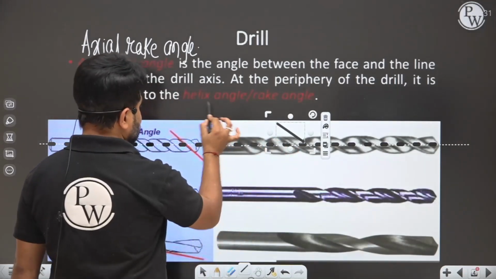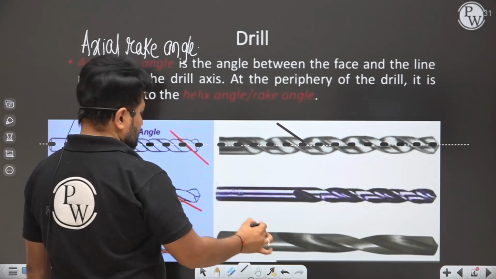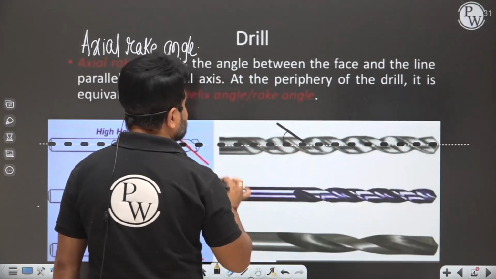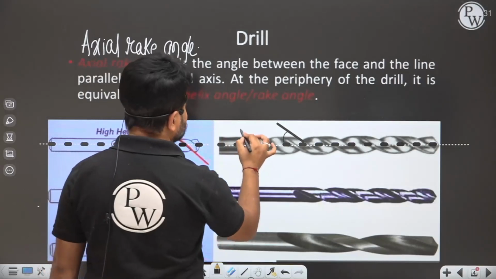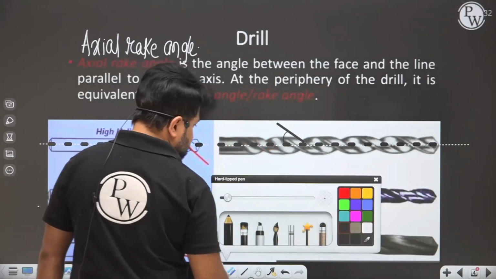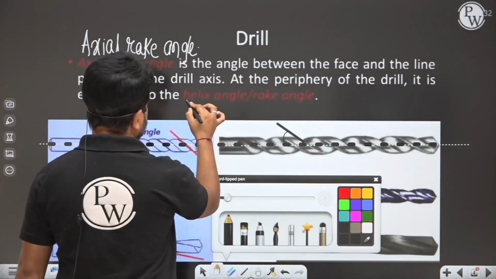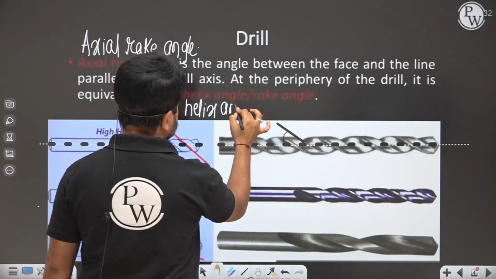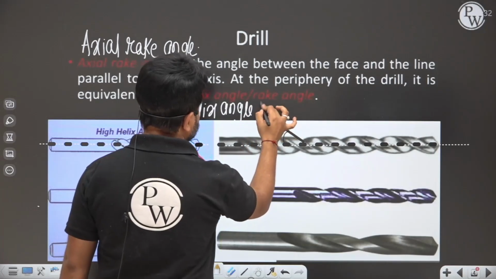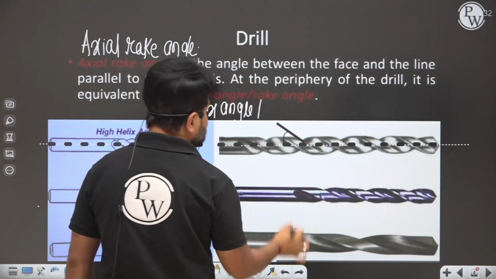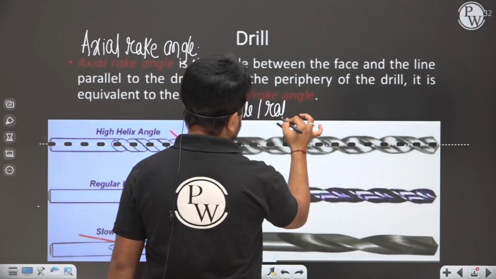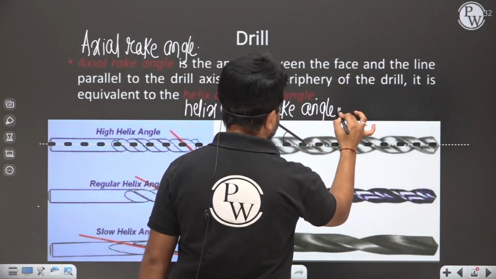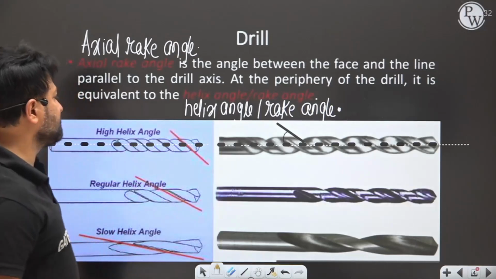See what is the angle in between this. This is known as helix angle, and sometimes this helix angle is also called the rake angle.